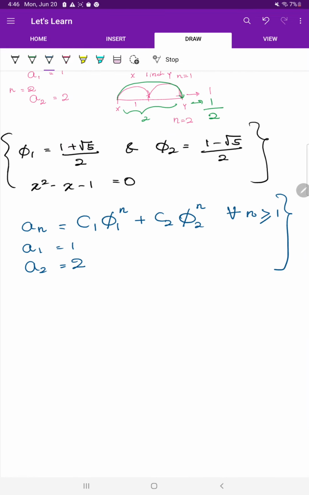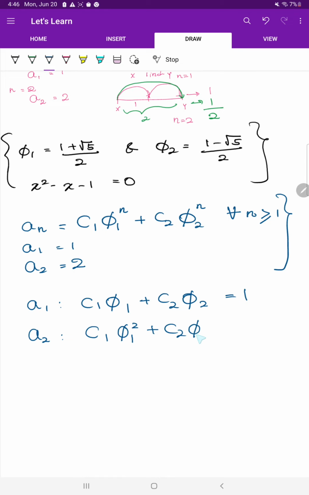Next is to solve the linear system. When a_1 equals 1, we can write c_1 phi_1 plus c_2 phi_2 equals 1. From a_2, c_1 phi_1 squared plus c_2 phi_2 squared equals 2.